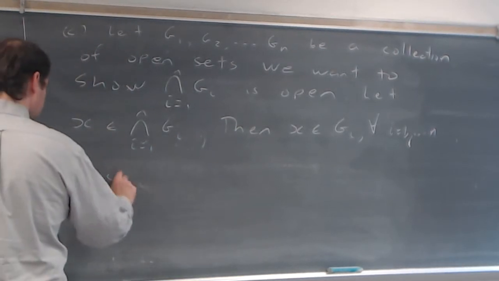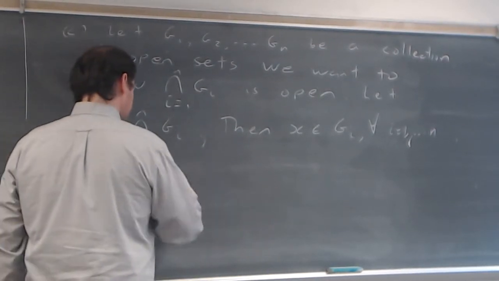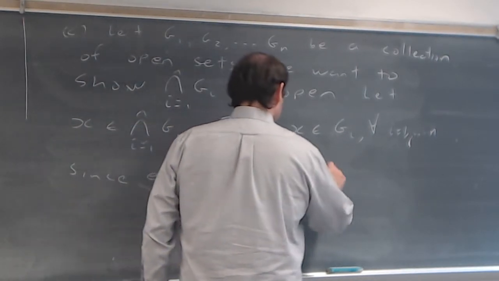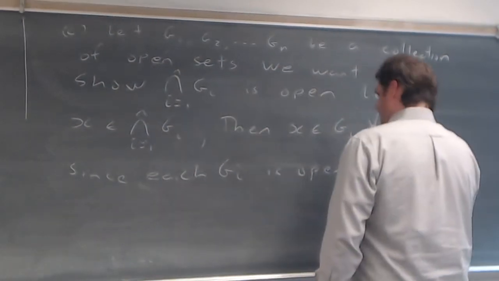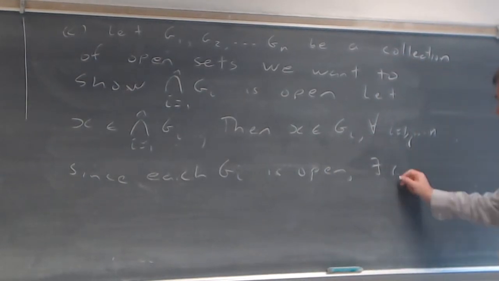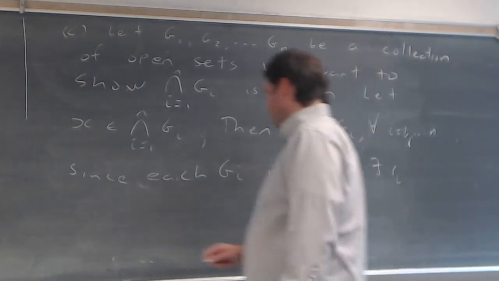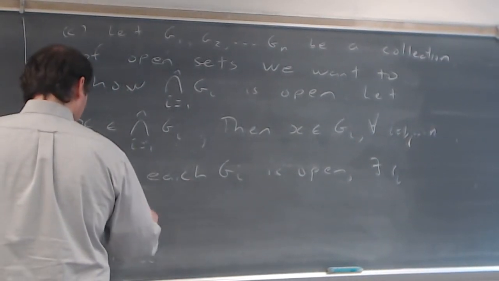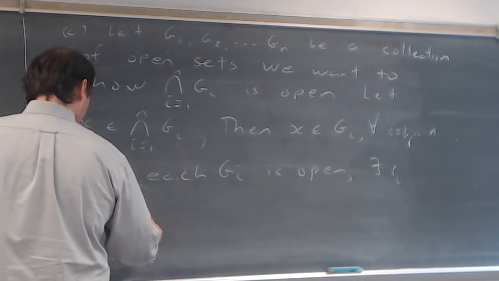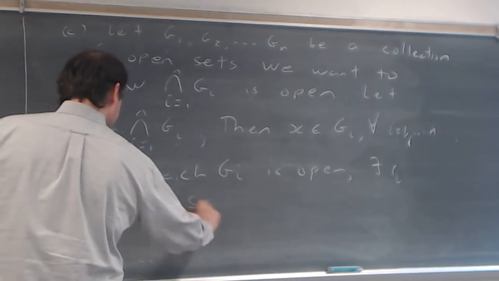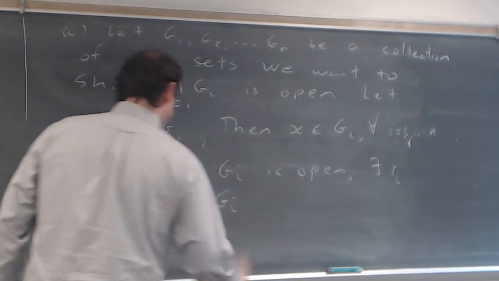Since each G sub I is open, that means there exists an R, we'll say R sub I, such that the neighborhood about X with radius R sub I is contained in G sub I.